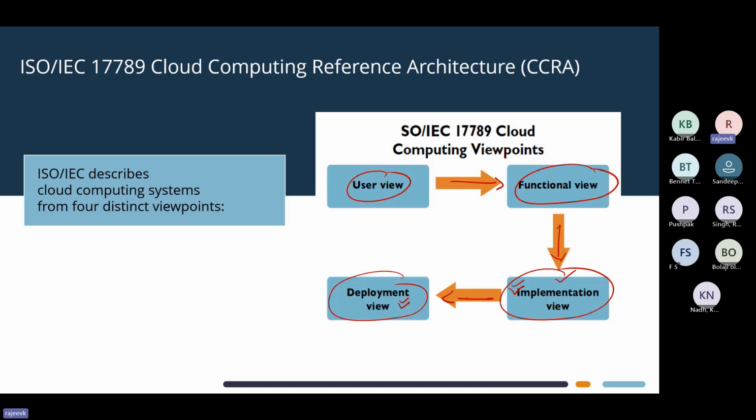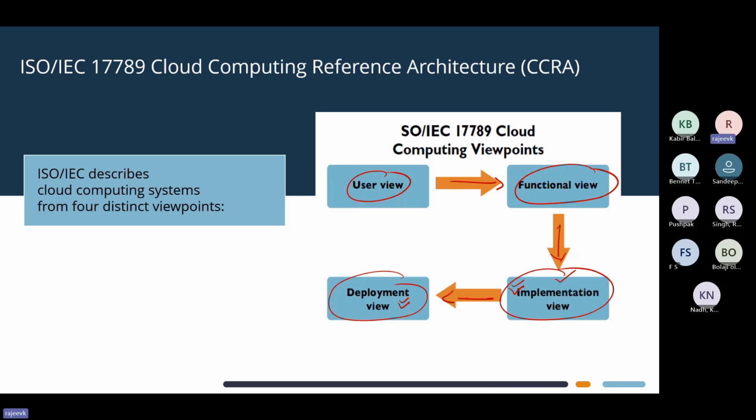Although remember the capability seems to be the same, the way it is going to be implemented is going to be different. That is the reason the deployment view and implementation view, because they are specific to the technology and the vendor, are considered out of scope for the international standard.